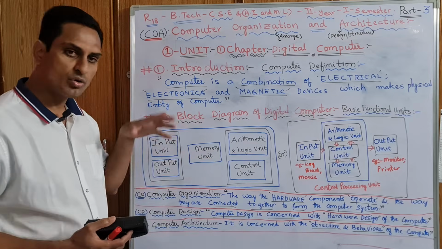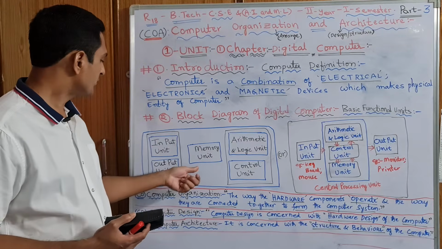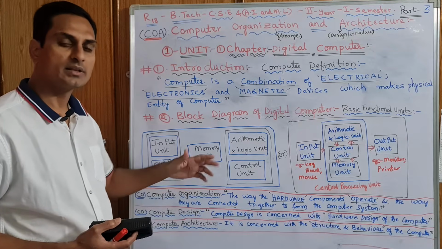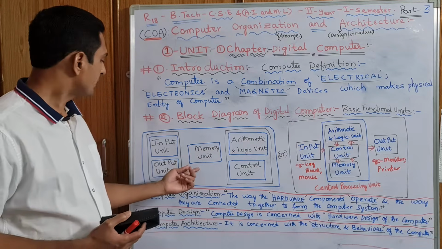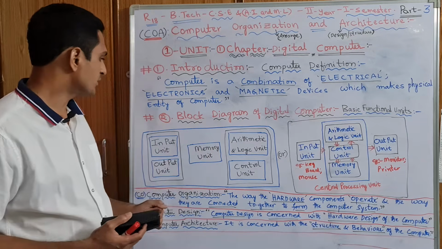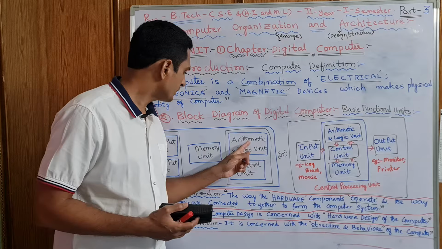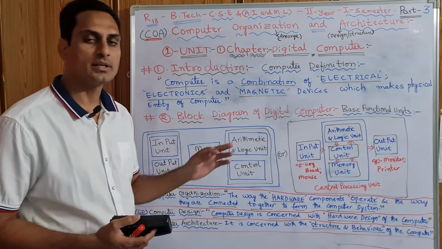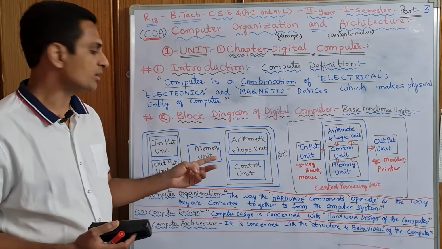Memory unit, which will store data inside. Memory unit means RAM, ROM, hard disk, pen drive, external hard disk, right? Primary memory, secondary memory, this I will cover in my next videos. And we have one more unit called arithmetic logic unit. Arithmetic means mathematical calculation: addition, subtraction, division, multiplication and all.